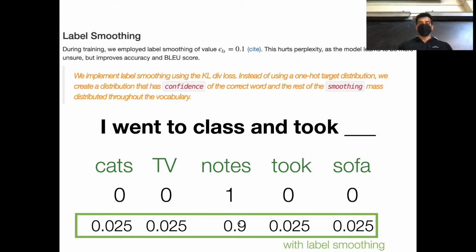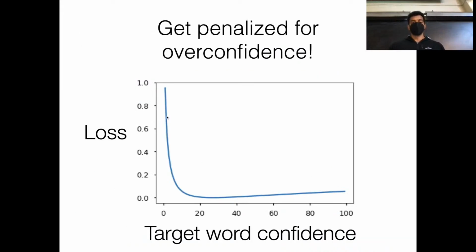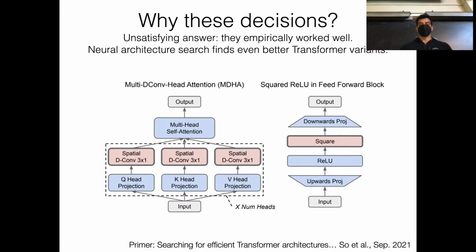But in label smoothing, I'm going to subtract some probability from the ground truth and evenly distribute it among all the negatives. So the model is penalized for being too overconfident if it's trained with label smoothing. You can see that here: as the confidence increases, the loss is going up, because the model shouldn't be 100% confident in notes. There are obviously synonyms and other things that are plausible that could go in there.